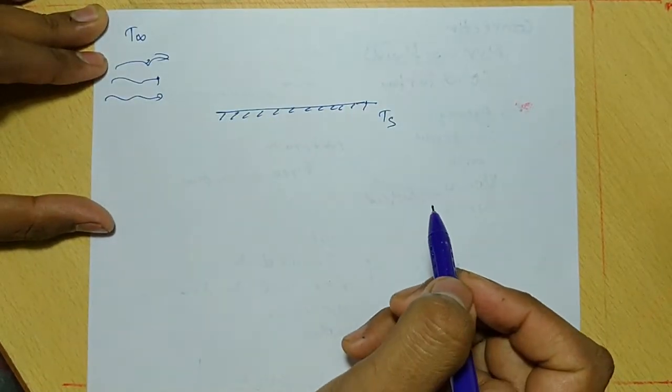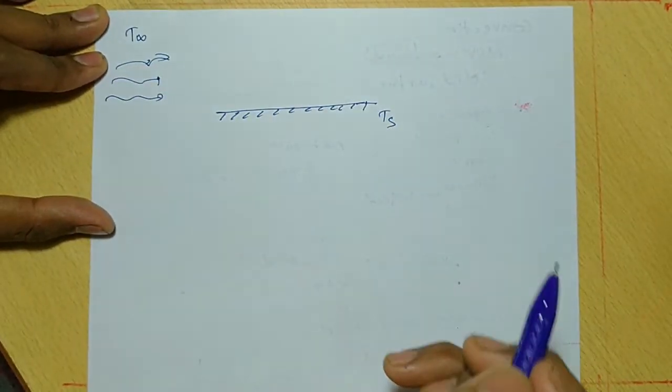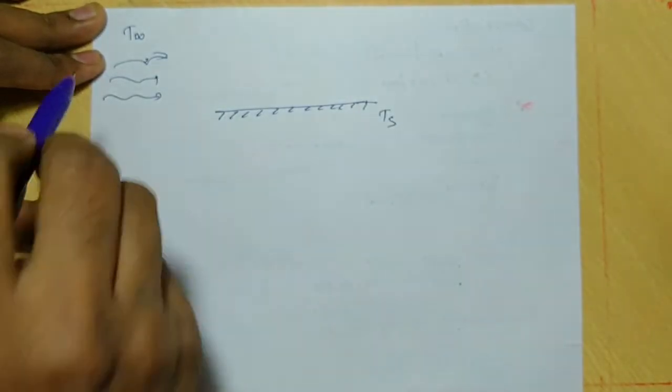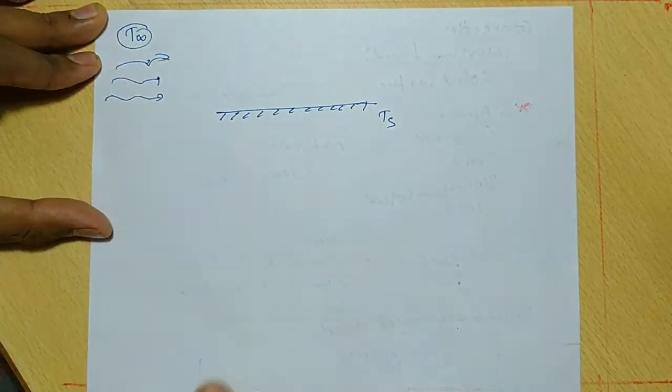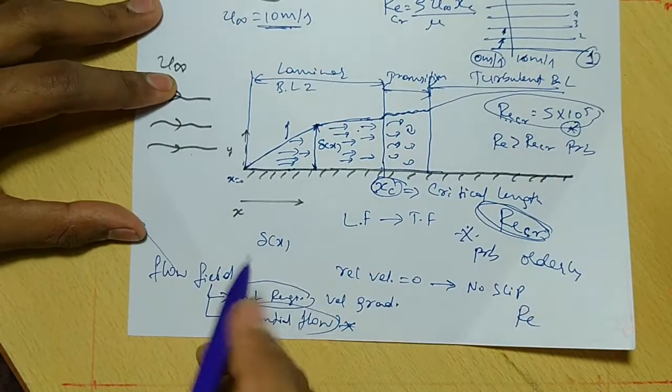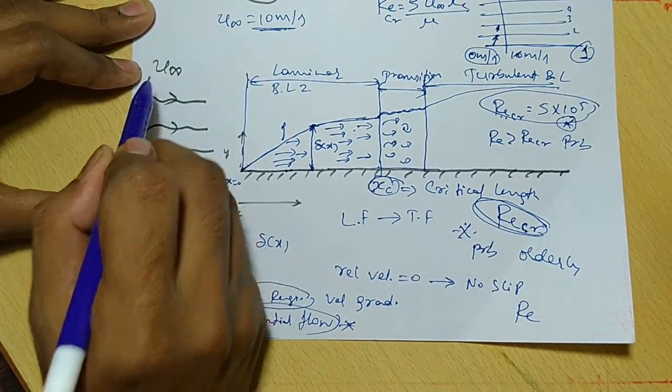Ts is the surface temperature. Exactly the same thing, but here we take temperature, there we took velocity.